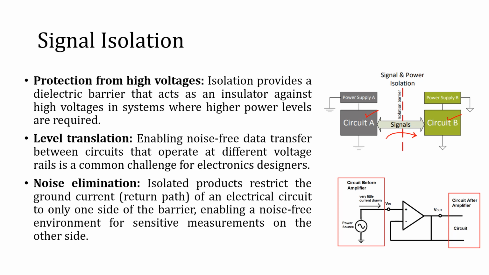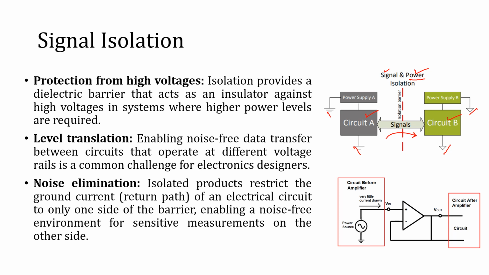When we use the term power isolation, it means circuit A has its own power source including ground, and circuit B has its own power source including ground. So different symbols are used for the ground to show that there is power isolation in addition to signal isolation. That is, the circuits are working on different power supplies, so there is no direct connection between their powers either.